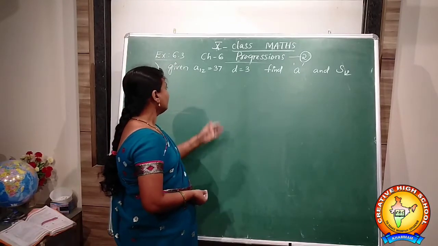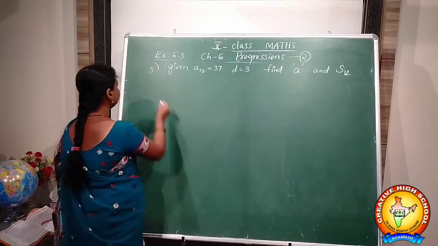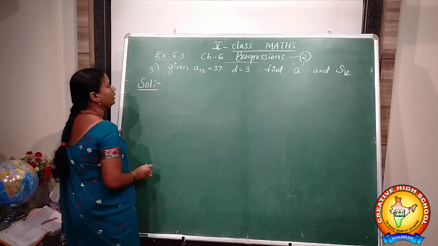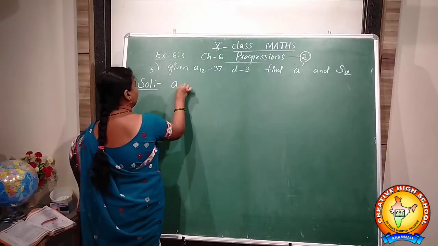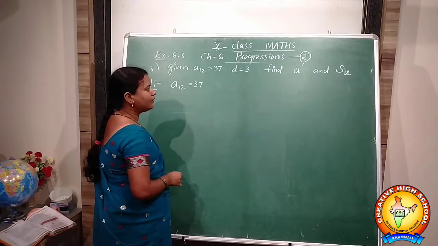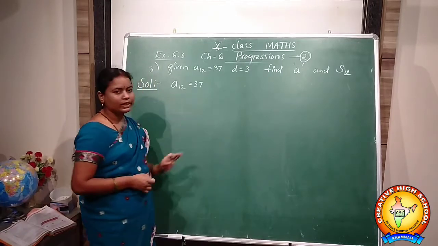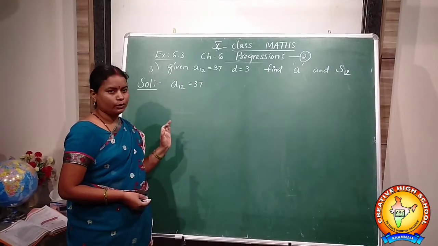See here, first let us write what is given in the question. a12 is given, that is equal to 37, and the d value is also given, that is 3. a12 is given, that means nothing but the a12 value, we know very well.